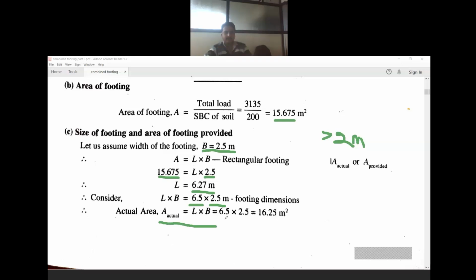L into B, 6.5 into 2.5, you will get 16.25 meter square. What is this? It is greater than the requirement, 15.675 meter square. Okay, this is greater, so hence, okay.